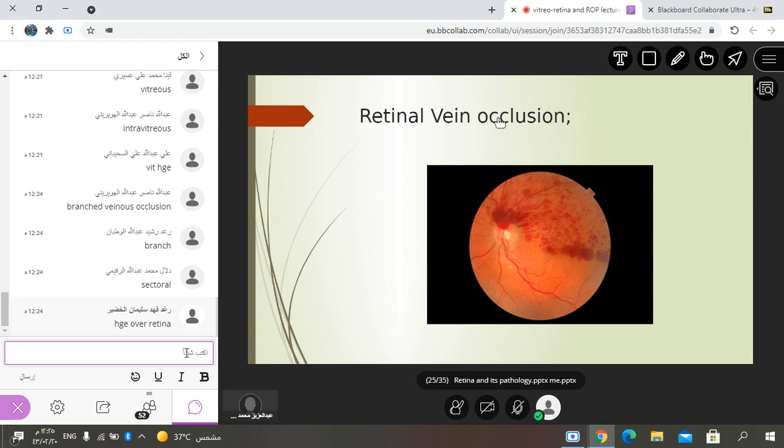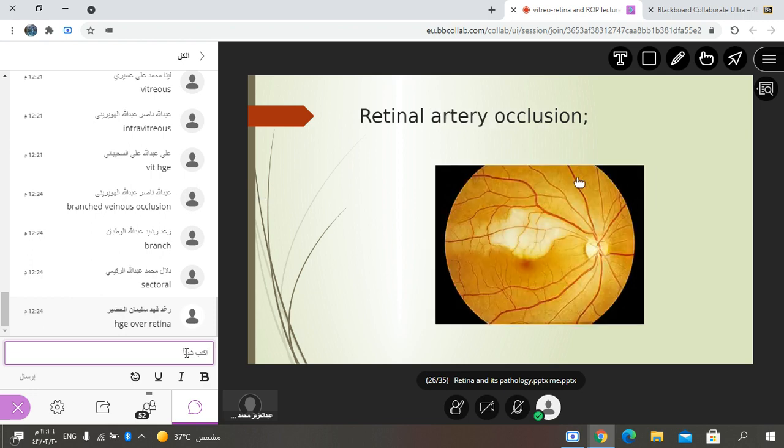Anyway, it's a retinal vein occlusion. Hemiretinal is under branch, so if you mention branch vein occlusion, it's excellent. If you mention hemiretinal vein occlusion, it is also excellent, the same. The most important thing is that it is not central vein occlusion, because of the difference in complications and treatment options.